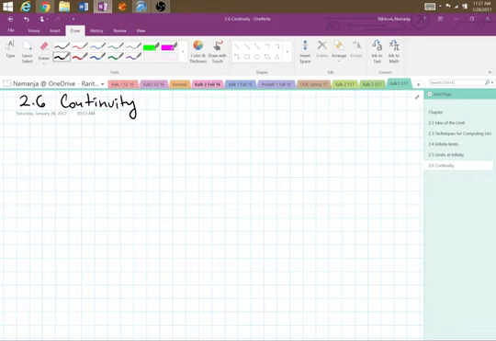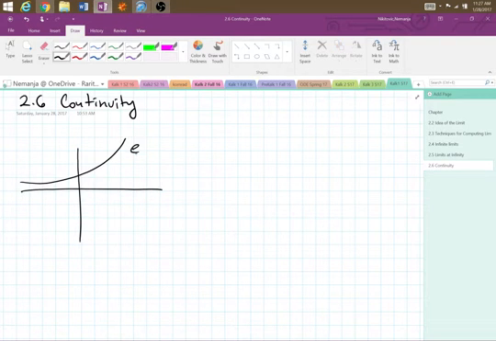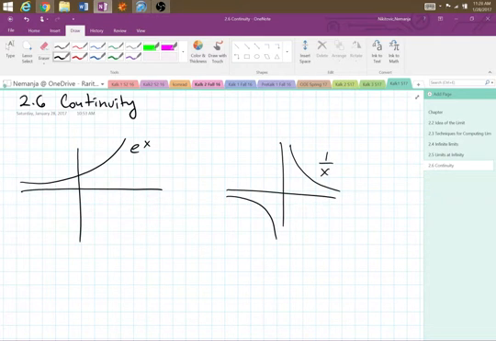So first of all, I'm just going to draw, let's say, e to the x, and 1 over x, and state clearly that e to the x is globally continuous, right? It was one stroke to draw the whole thing, and 1 over x was 2 strokes, so it's discontinuous. And we see that it's discontinuous at x equals 0.